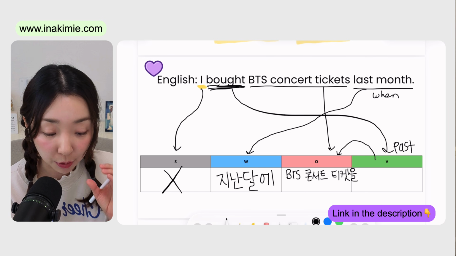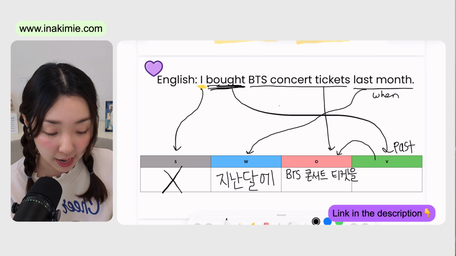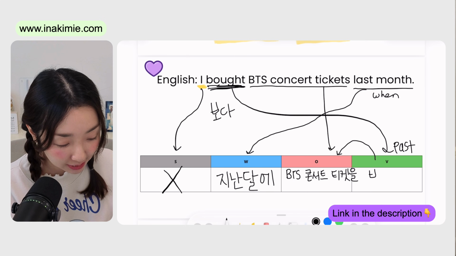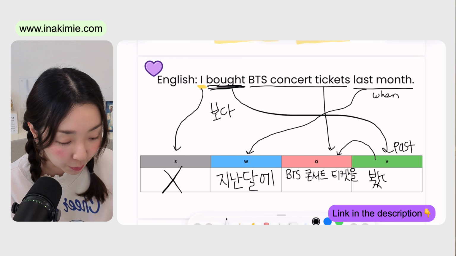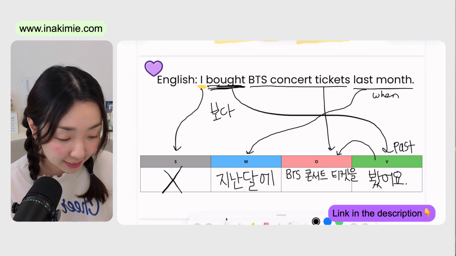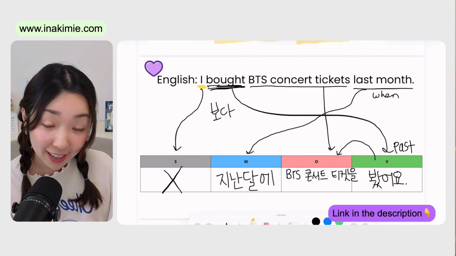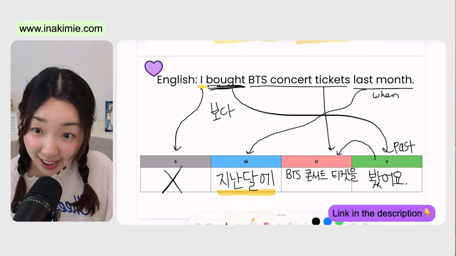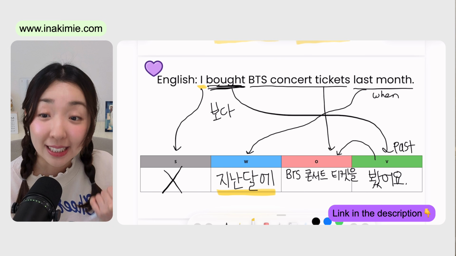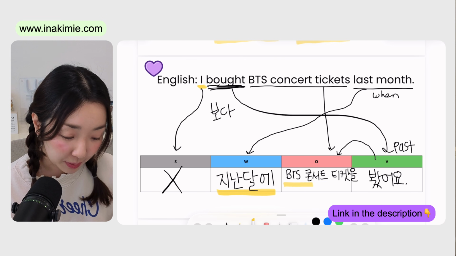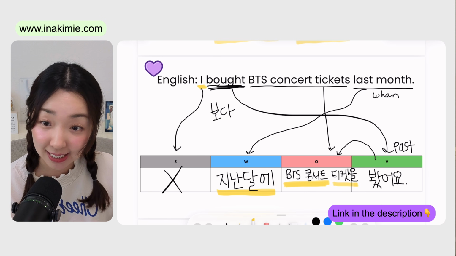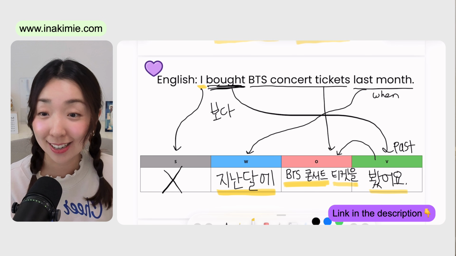Now, the last part is the verb, and bought comes from originally buy. To buy is 보다. And I'm going to conjugate that to past tense, which is 보았어요. Now we're going to read it all together. Ready? 지난달에, shadow me. 지난달에 BTS 콘서트 티켓을 보았어요.